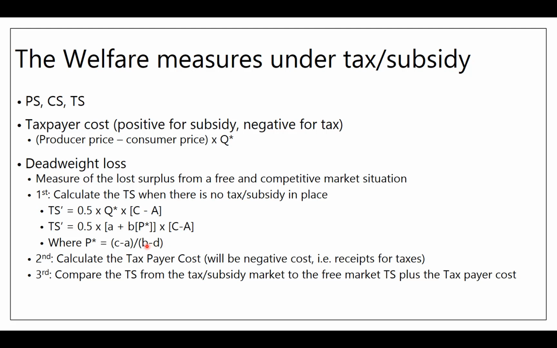Getting TS prime is quite the formula, and you'll see that I've plugged it in for you because I don't want, again, 0.5 times this plus this times all of this times this. I don't want anybody getting frustrated trying to type that in and keep track of the brackets. So if I make a mistake, we all make the same mistake.